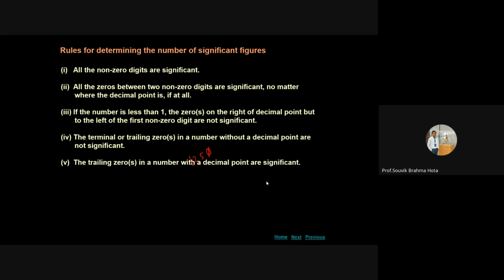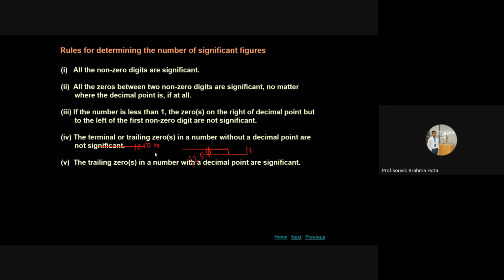But here we do have a very important point. Suppose you have 1250, same thing, but I have written meter here. I have given a unit. Then these four digits of 1250 are actually significant. That time 0 is also considered because you have given a unit. So two conditions: terminal zeros, if there is no unit, don't have any significance.